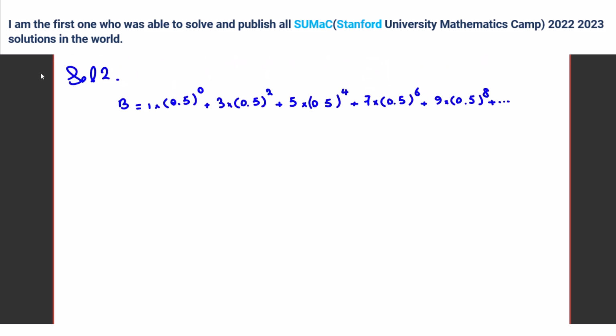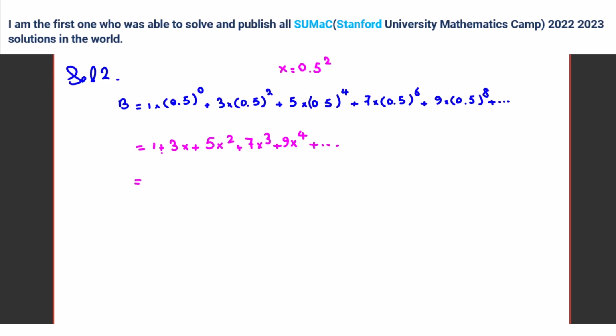Again, I define x equals 0.5 squared. It's 1 plus 3x plus 5x squared plus 7x cubed plus 9x to the 4, right?